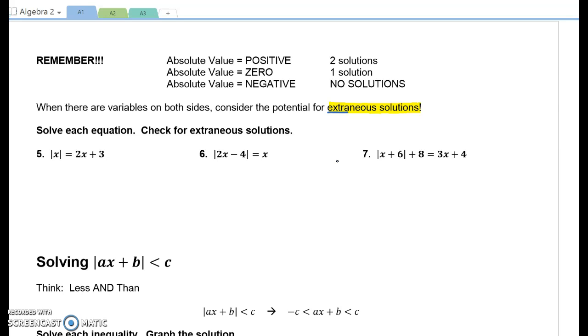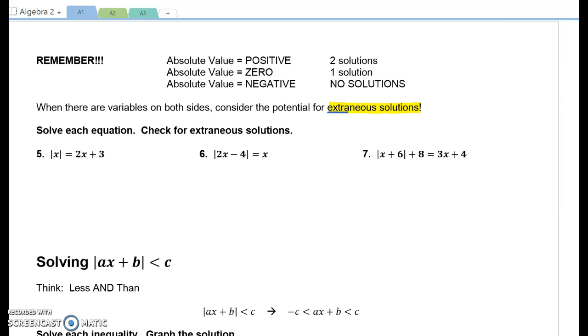So in the process of solving these equations, we may end up with two solutions. Because there's a variable on the right side, there's a chance that one of those solutions doesn't actually work. It appears to be a solution after solving the problem using correct mathematical methods, but when you plug it into the original problem, it doesn't actually work.